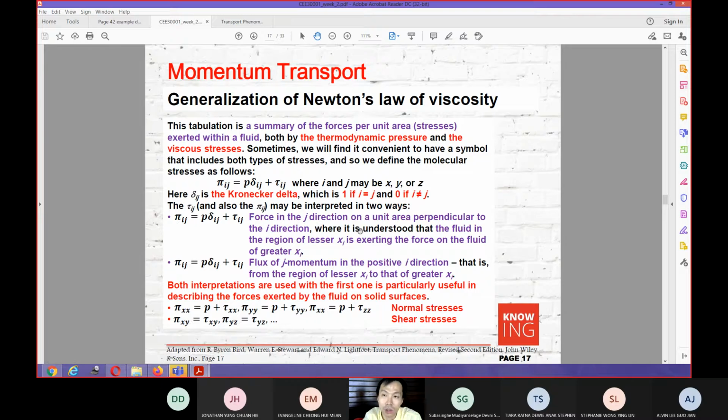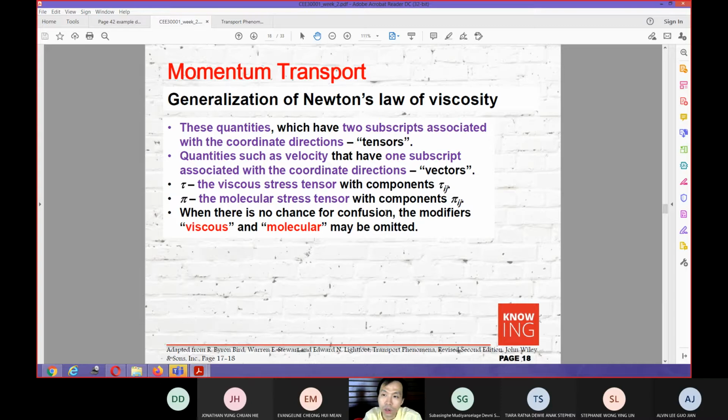So unlike momentum or velocity, this force is a tensor quantity, right? We define the viscous stress tensor as tau, and the molecular stress tensor as pi. When there is no chance of confusion, the modifiers viscous and molecular may be omitted.